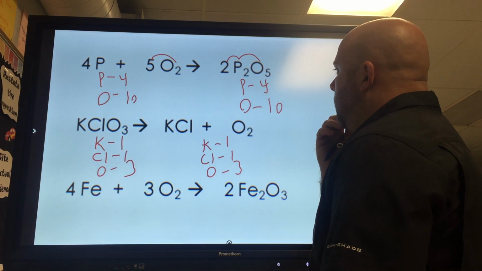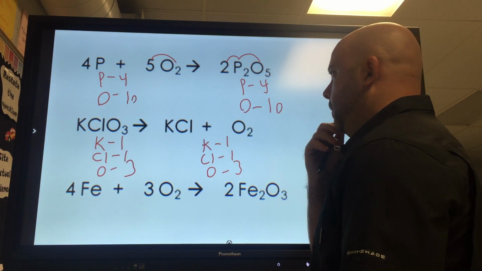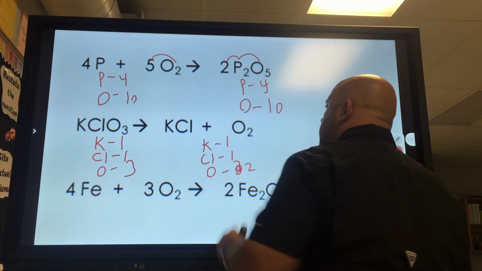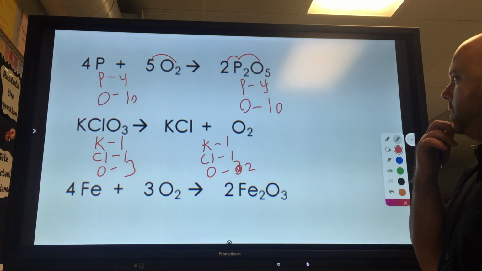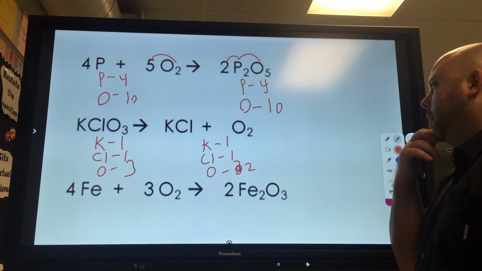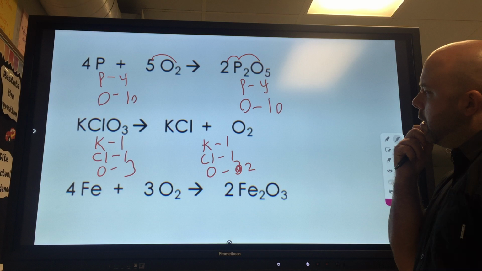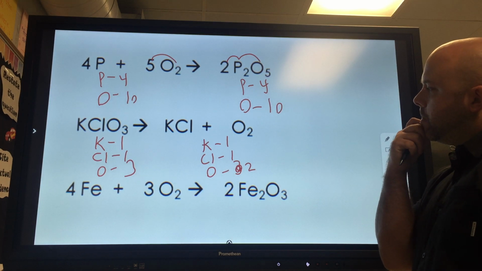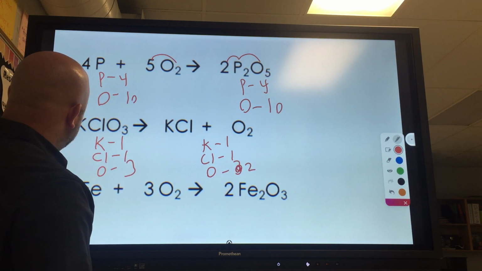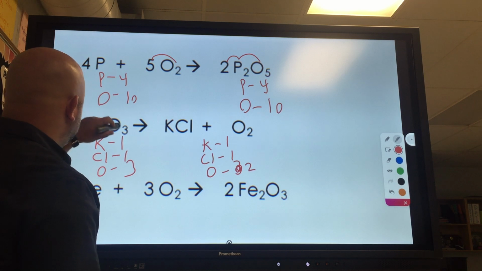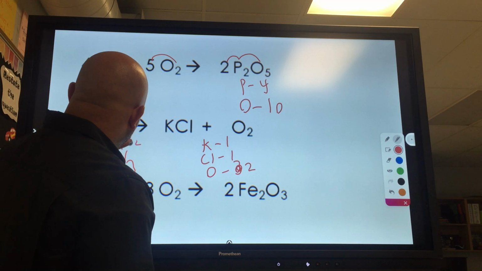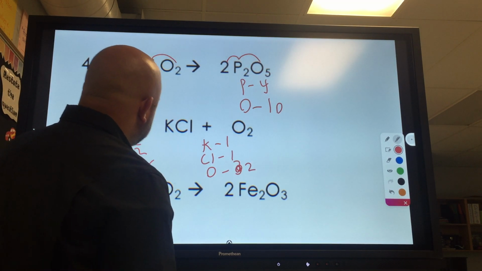So let's think. There's 3 oxygens over here. There's 2 over here. That's actually a 2. So what number could I put in and see if they equal out? Well, if I did, let me think. So we can take, let's try 2. 6.